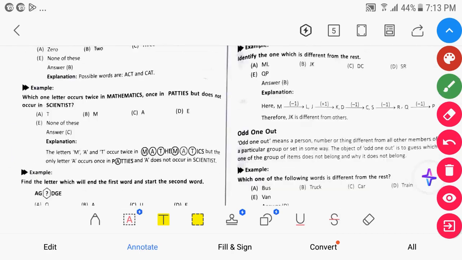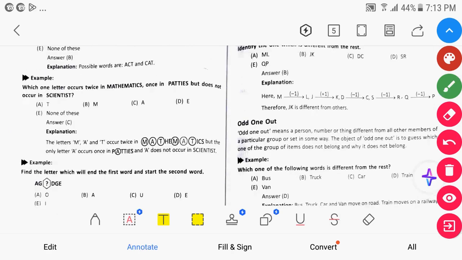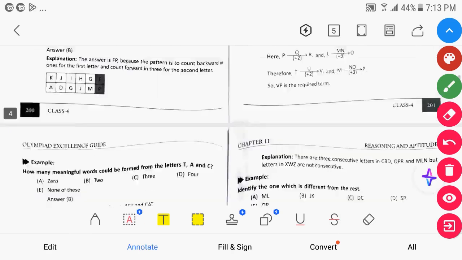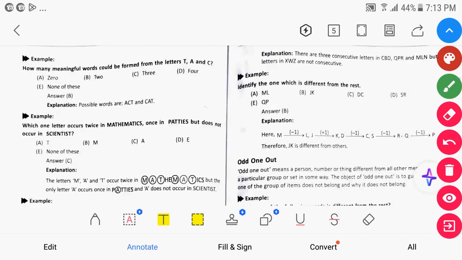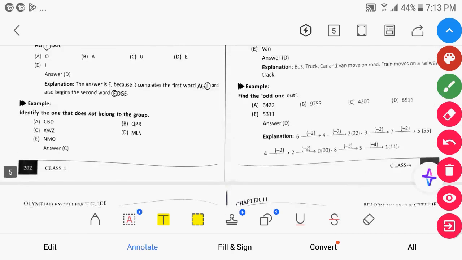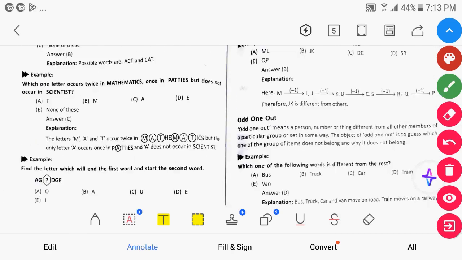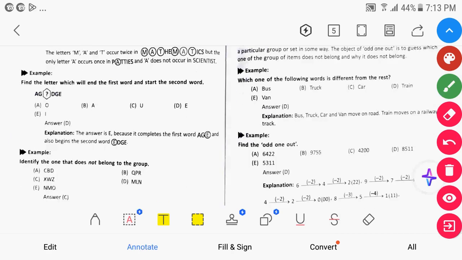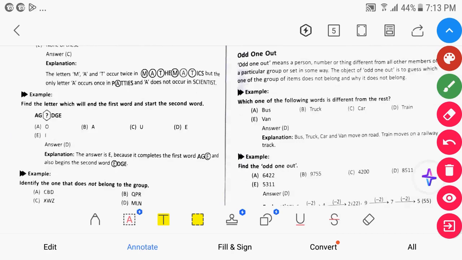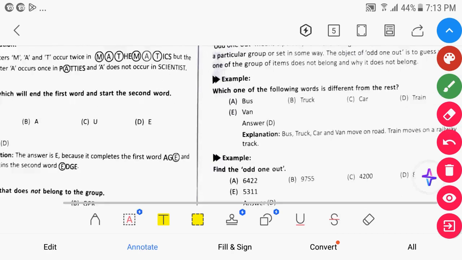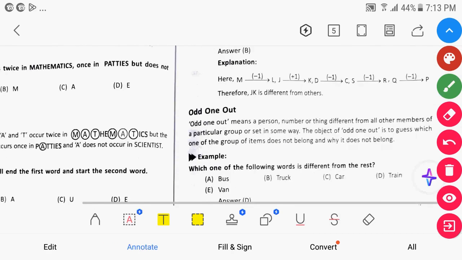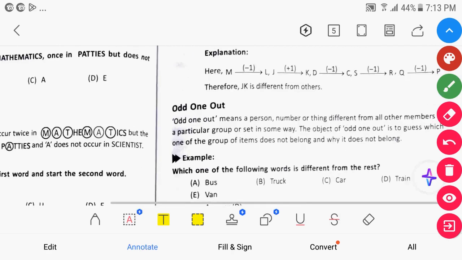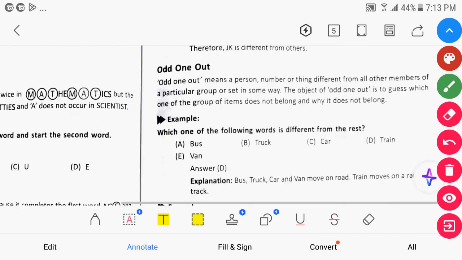Now we will move on to the next pattern. So many examples are there and you should go through those examples very carefully to understand the problems, and you will get the complete theme from that.